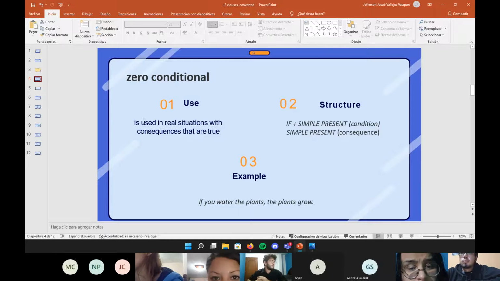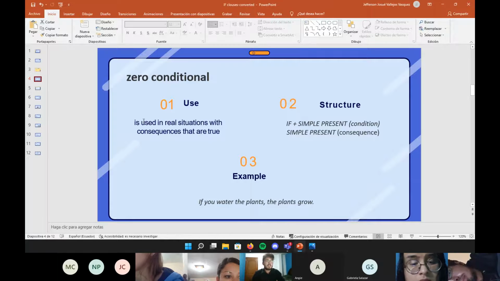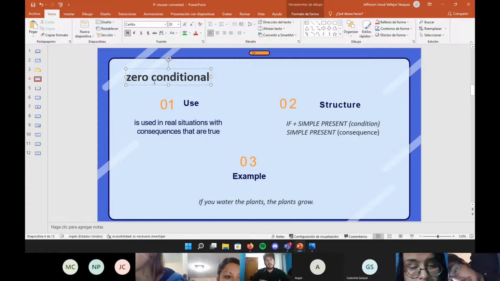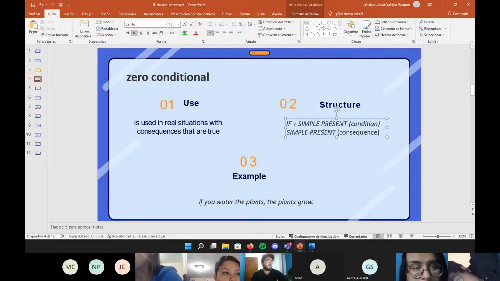As you can see, the 0 conditional is used in real situations with consequences that are true. What does that mean? When we talk about things that are proven. For example, if the sun rises, the day is clear. Things like that are sentences that are proven.